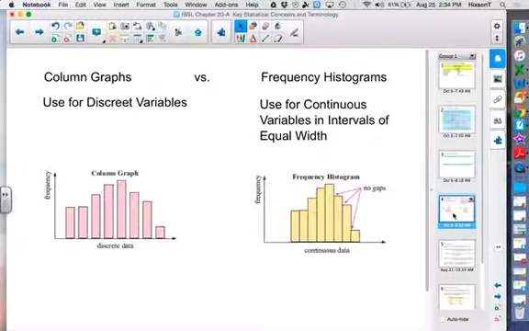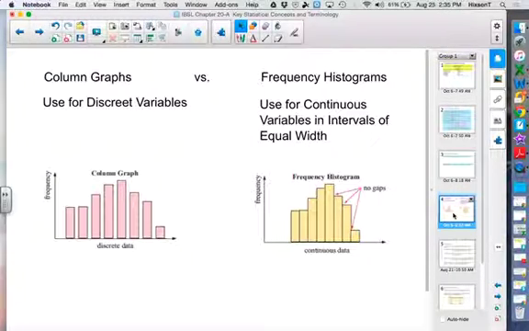Okay? So guys, when you see a graph like this, at a glance, if it's constructed properly, you can tell whether the data is discrete or continuous. Just by looking, are there gaps between the bars, or are they all shoved together? Okay?